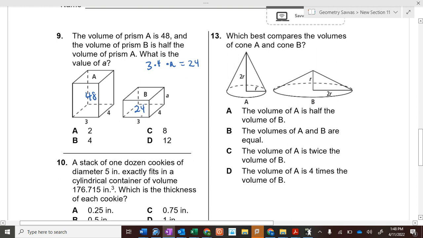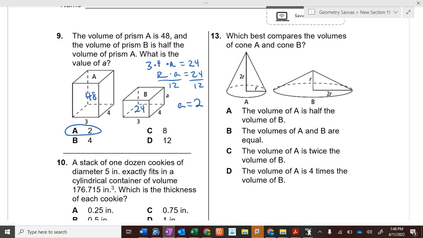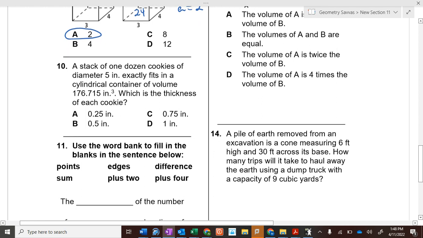Because it's the area of the base times the height. 3 times 4 is 12 times A equals 24. If we divide by 12, A equals 2. The height of prism B, which is the distance A, is 2.